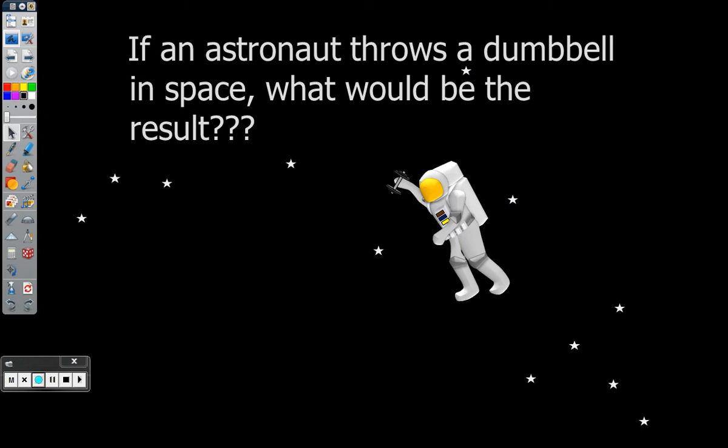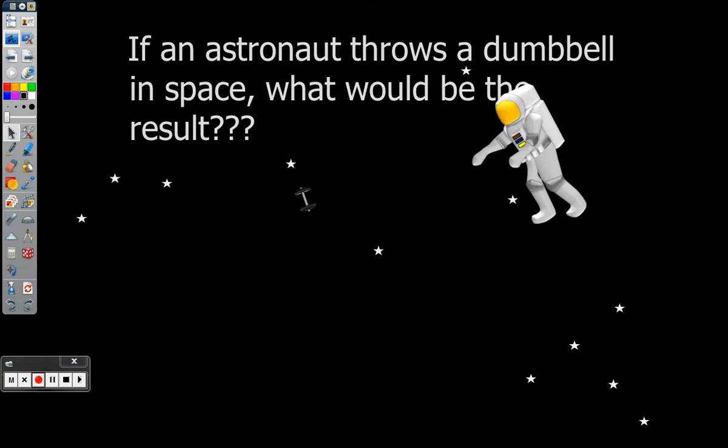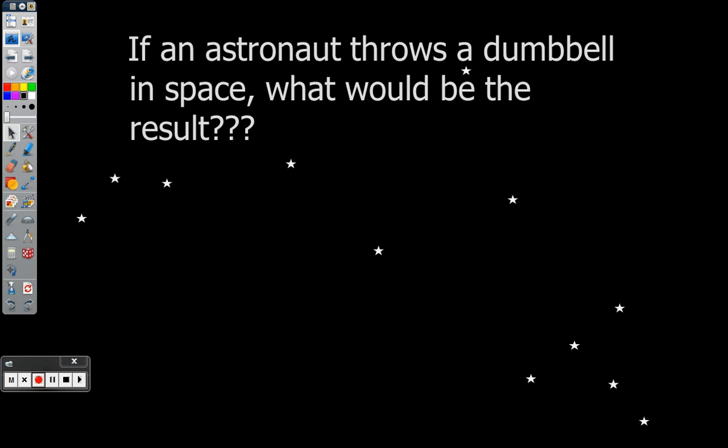So what's going to happen? Okay, it's going to float. What else is going to happen? It'll keep going. What else is going to happen? The astronaut is going to be pushed away. Why?